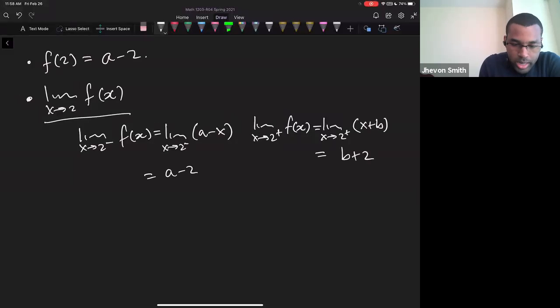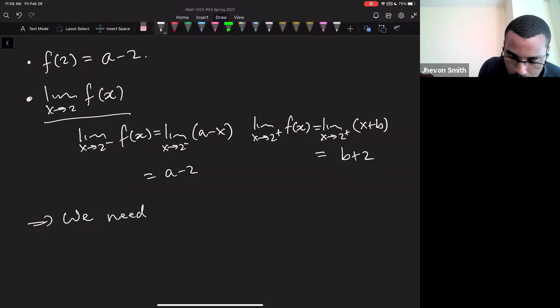So here we need a minus 2 to equal b plus 2.